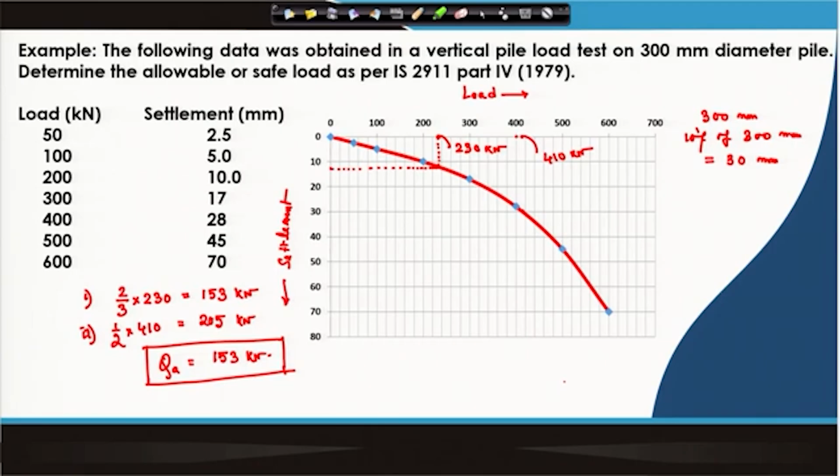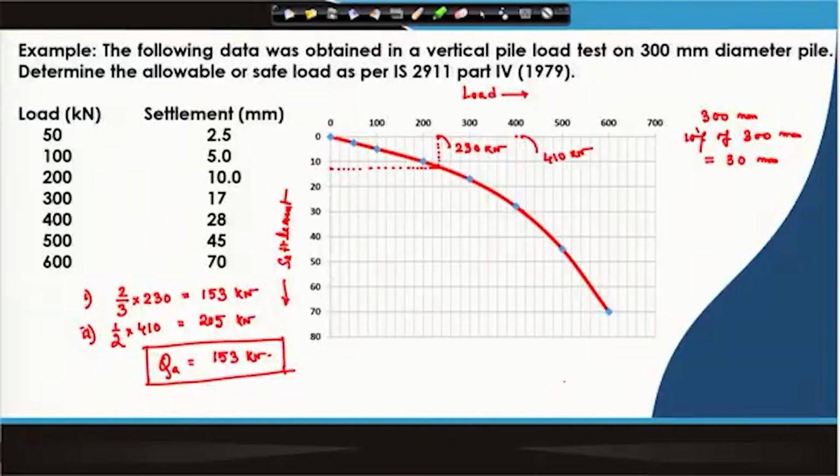In the next class, I will discuss how we can generate this type of load settlement curve analytically by using equations, not by the load test, because we have the soil properties and based on those properties we will try to develop a load settlement curve for a pile in a particular soil.